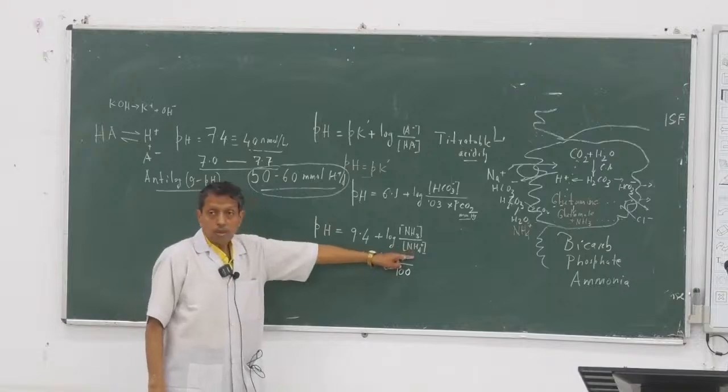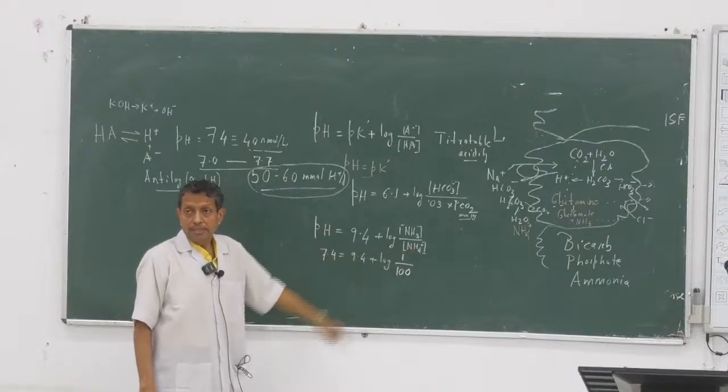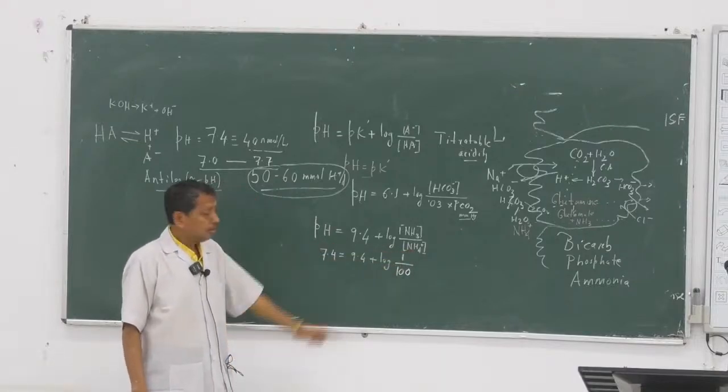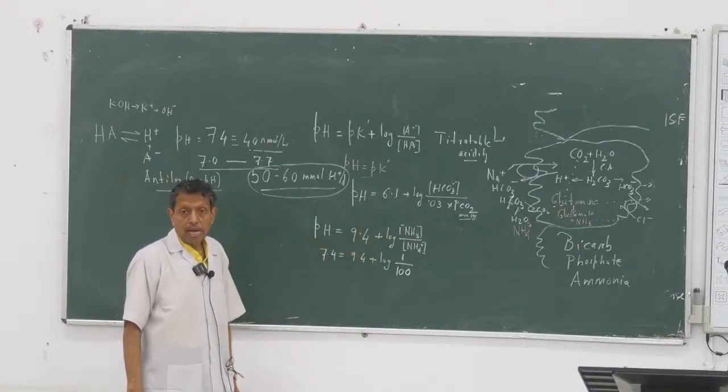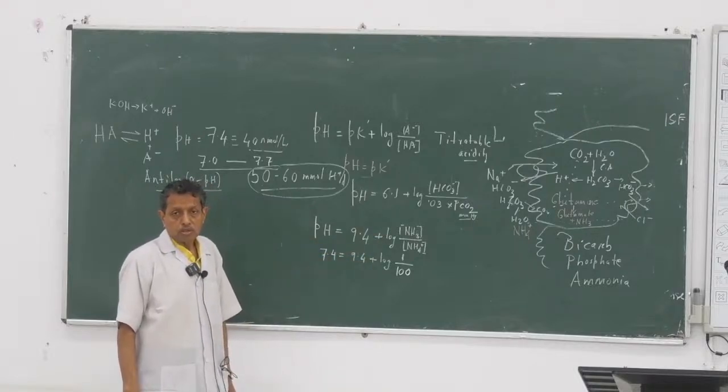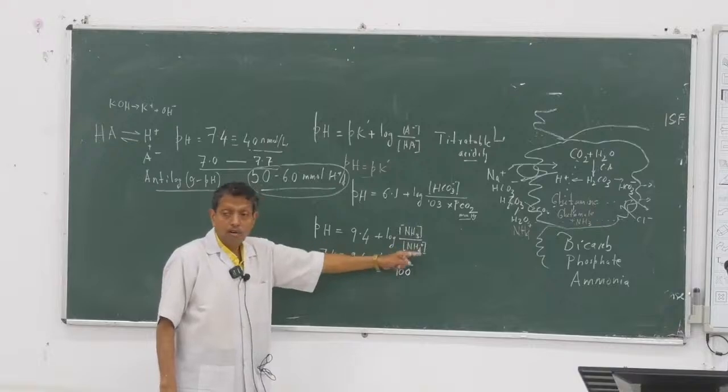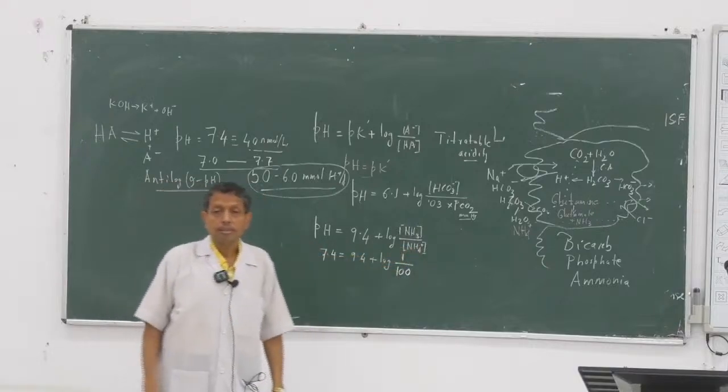So this form will predominate over the ammonia 100 times, so that it will not give up the hydrogen ion for the titration.